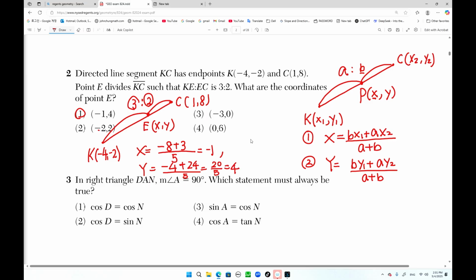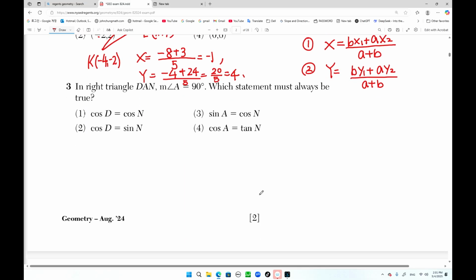That's true. Okay. Number 3, triangle DAN, angle A is 90 degrees. This is the 90 degree angle A, and this is the triangle DAN, right? So which statement must always be true? That is a co-function, right?